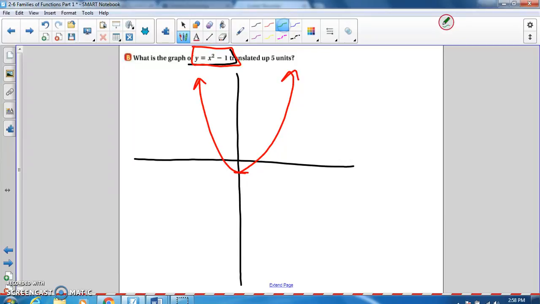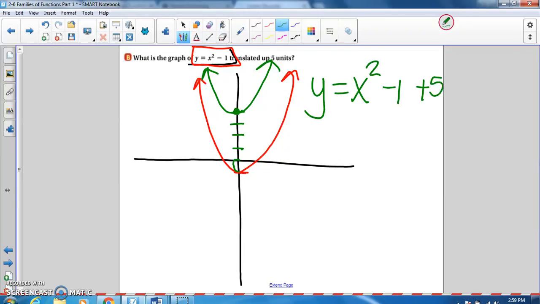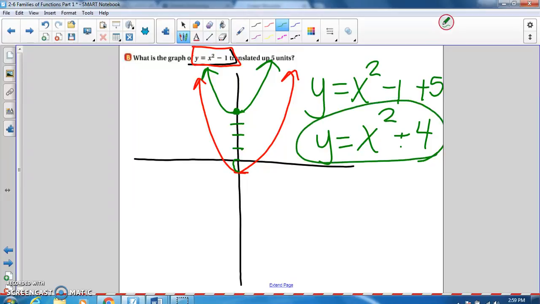But we want to move this parabola up 5. So 1, 2, 3, 4, 5. So our new vertex would be here at 0, 4. What we did was add 5 to our parabola. So y is equal to x squared minus 1 plus 5. We can combine like terms here. Y is equal to x squared plus 4 is our new graph.